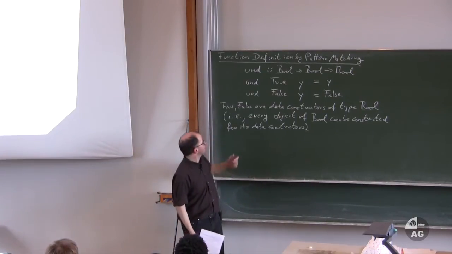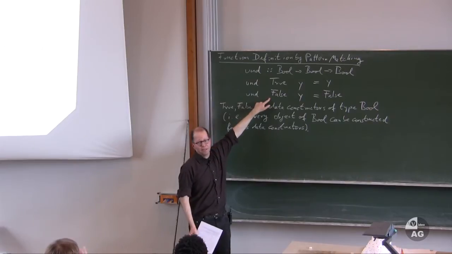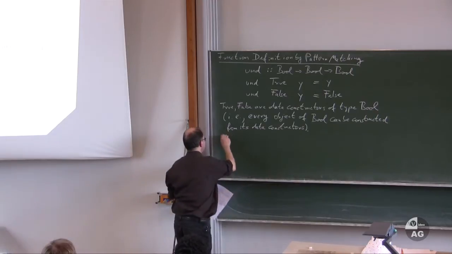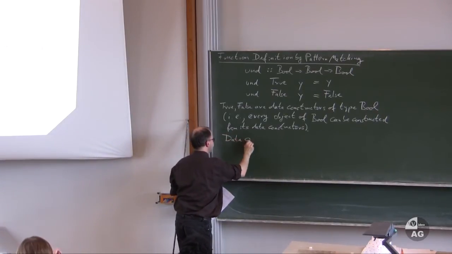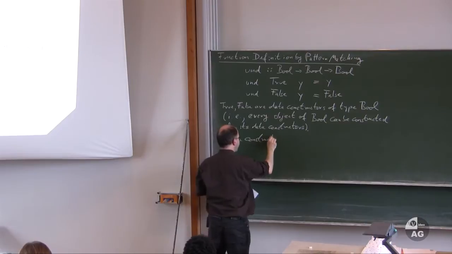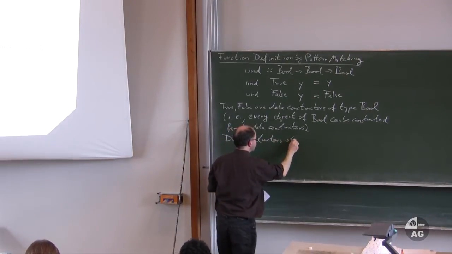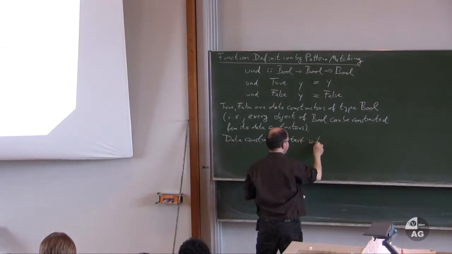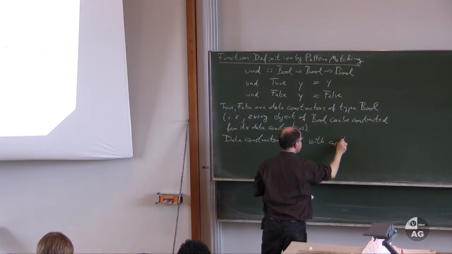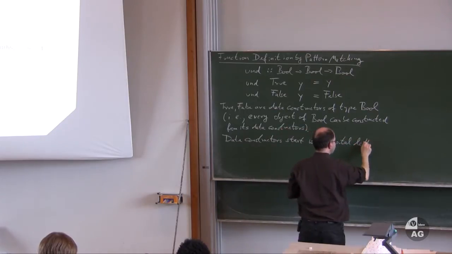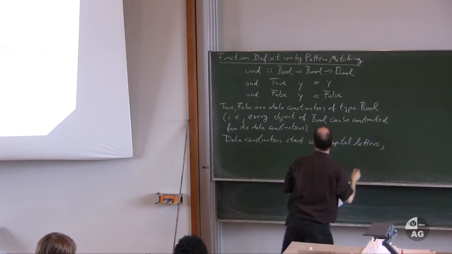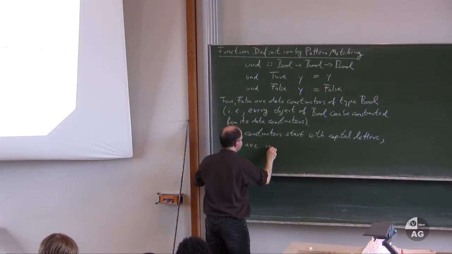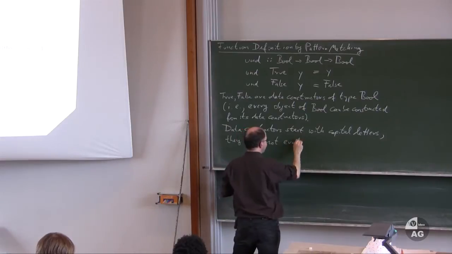The data constructors start with capital symbols, and the other functions that have to be evaluated start with lowercase symbols. For that reason, we have capital T and capital F here. In contrast to the other functions, they are not evaluated further. There are no defining equations for them.